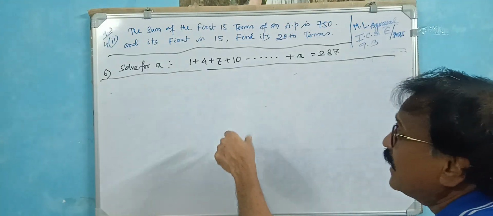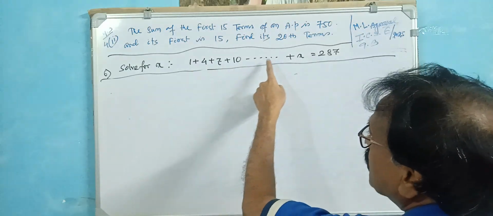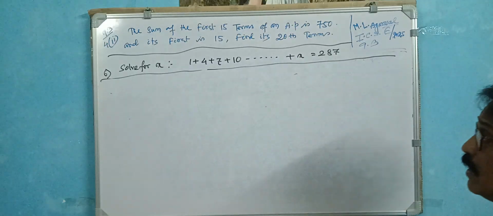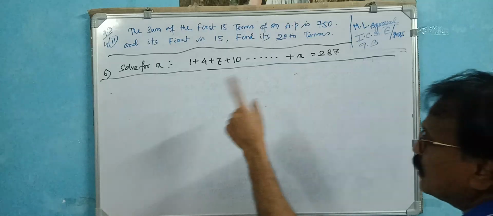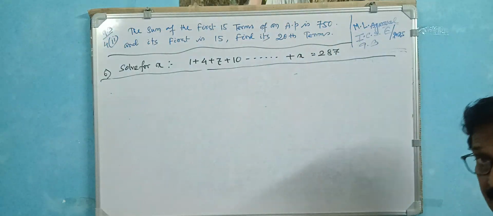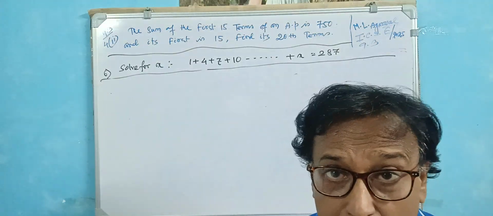What is the next sum? Solve for x. These are AP series: 1, 4, 7, plus plus plus, and this is x. This is a sum. What is the value of x, actually? The value of the last term. First you calculate the number of terms.